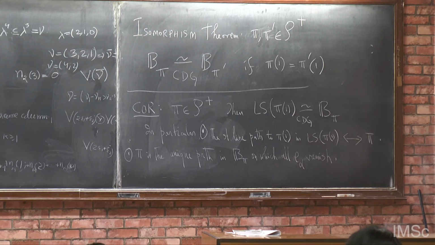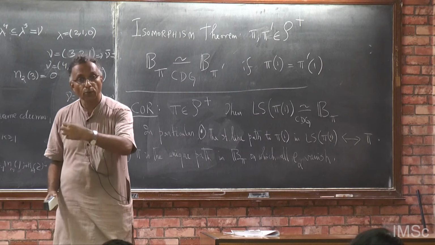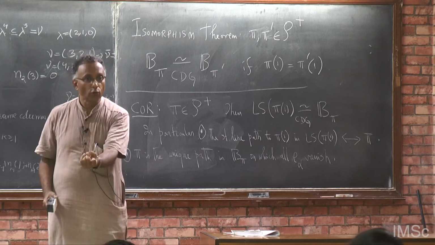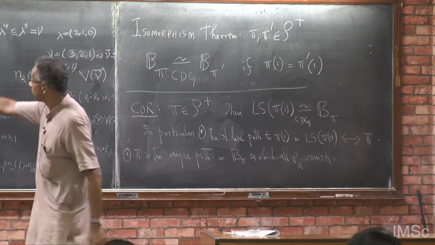Okay? Now, this diagram commutes. The reason being, because of the isomorphism, and when you scale, instead of f alpha you put f alpha to the power q. So it continues to map things correctly, so this diagram commutes.